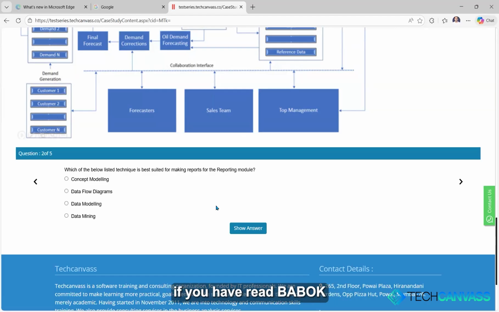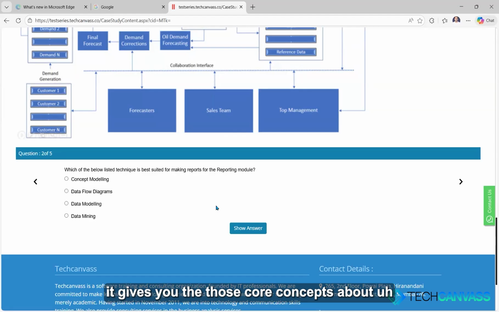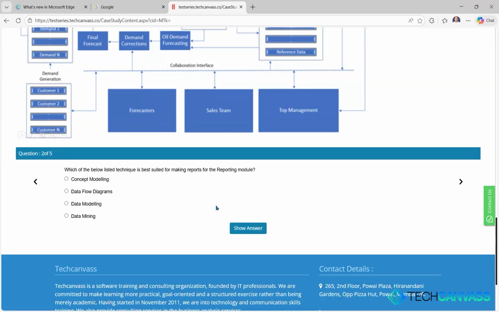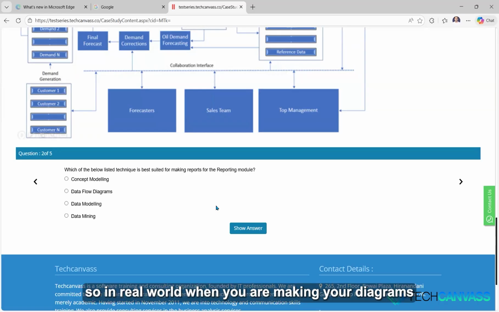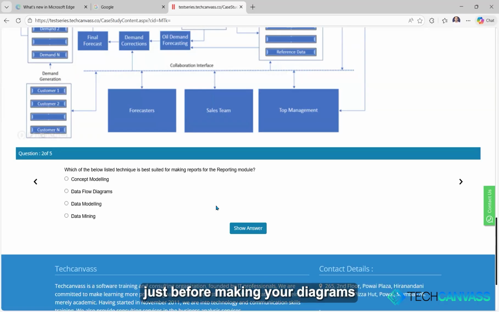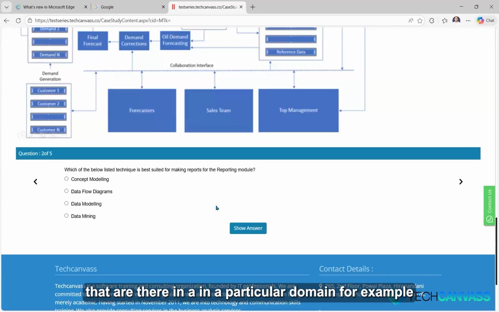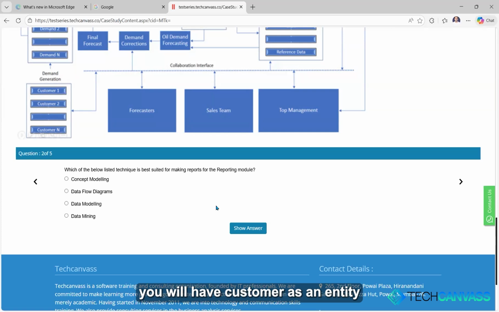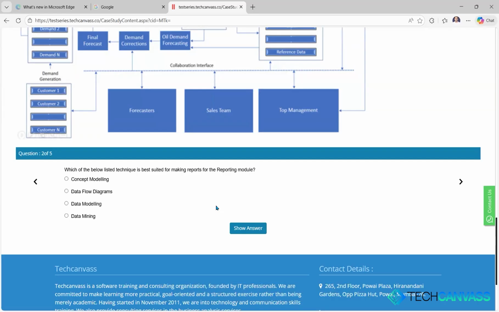Concept modeling. If you have read BABOK, concept modeling gives you the core concepts about a particular domain and how they associate with each other. In the real world, just before making ER diagrams, entity relationship diagrams, you look at the keywords in a particular domain. For example, if you're working with Amazon, you will have invoice as an entity, customer as an entity, order as an entity.